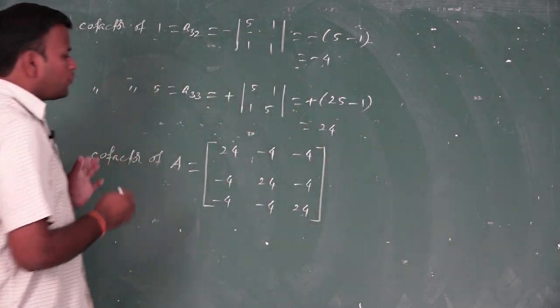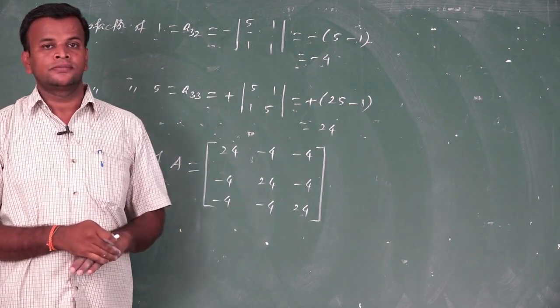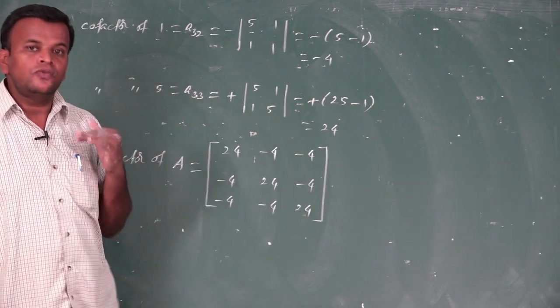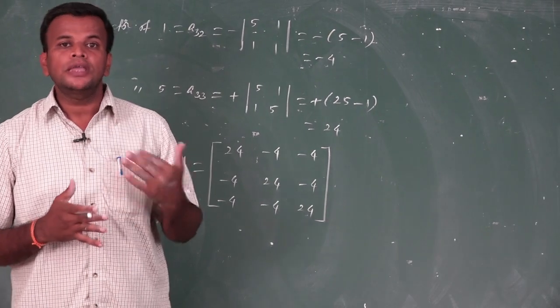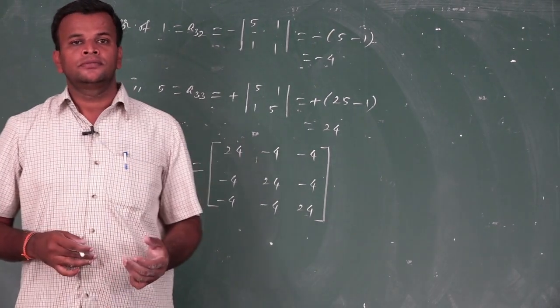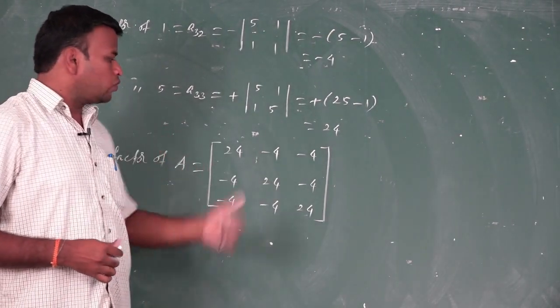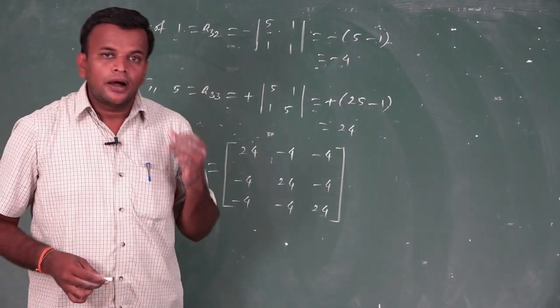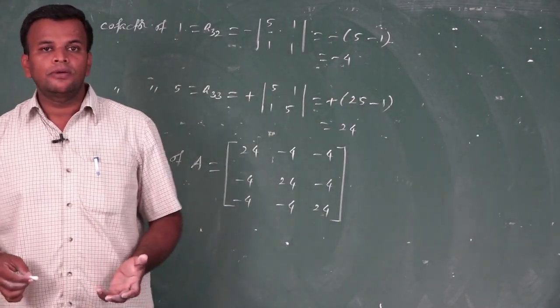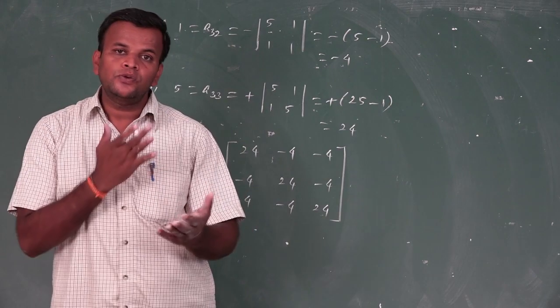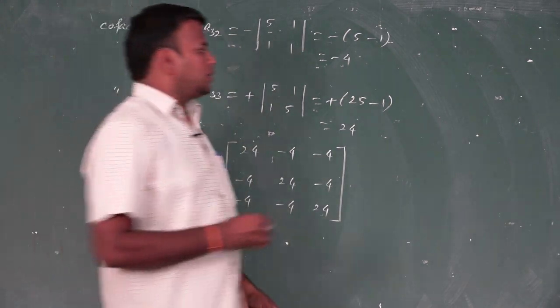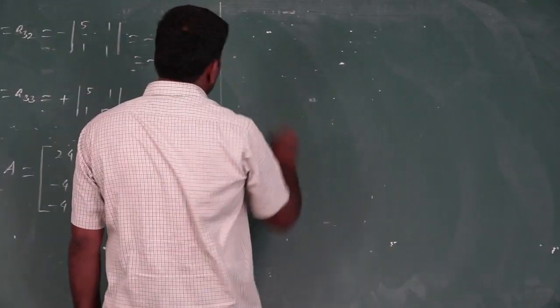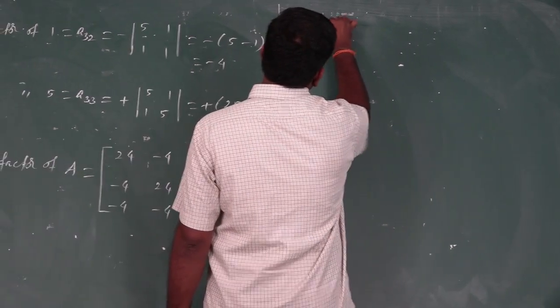So we find the cofactor of the given matrix. So this is the working rule to find the cofactor of any 3 by 3 matrix. The adjoint of the given matrix: the formula is the transpose of the cofactor. Next, I write the formula.